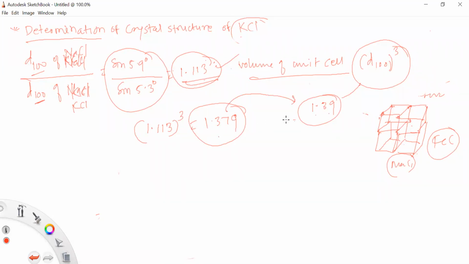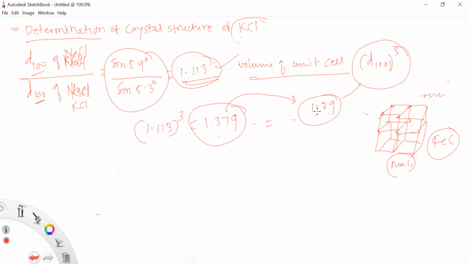ही similarities तुमच्या या स्ट्रक्चर मध्ये दिसते when you take the ratio of this plane of NaCl and KCl. So the ratio comes 1.113, and if you take the volume of unit cell, that will be 1.379, and it is similar to the standard volume of the unit cell, that is 1.39.